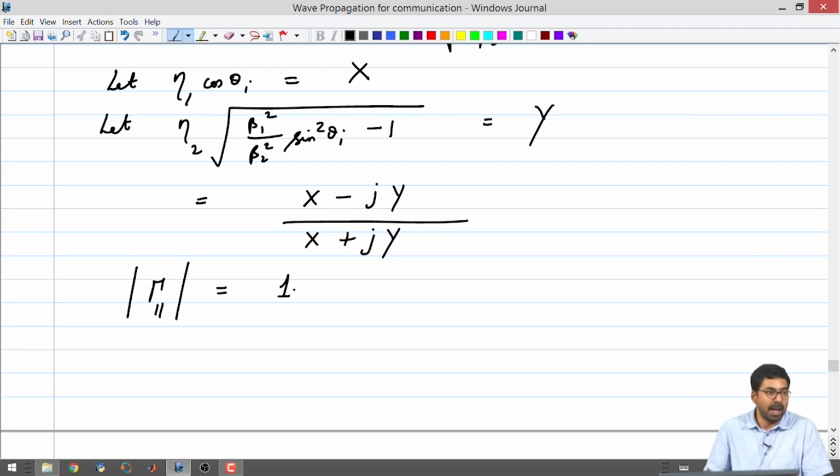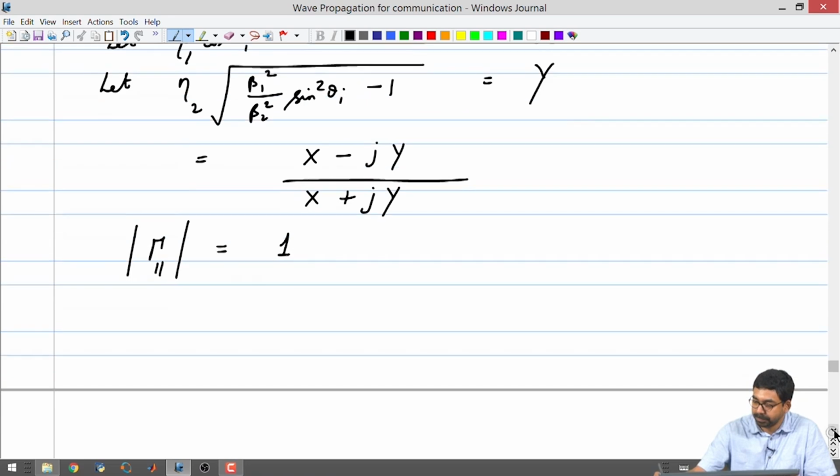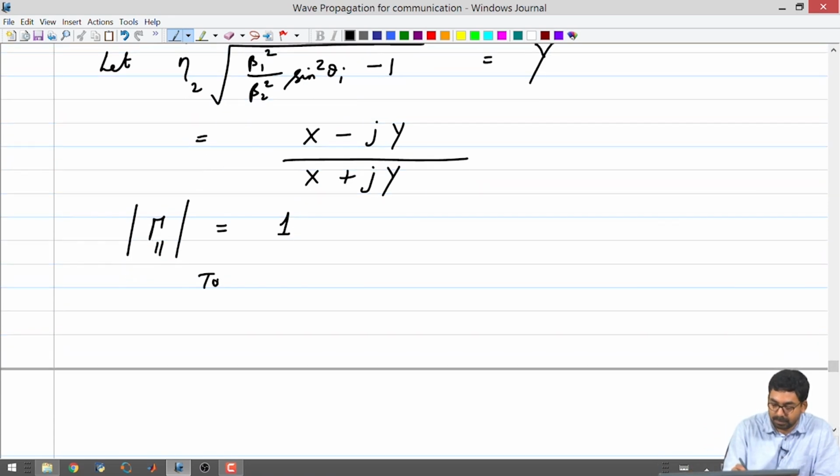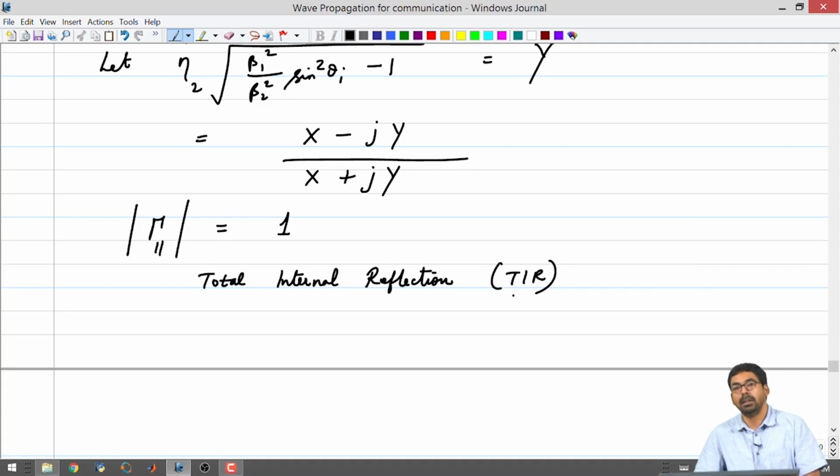The angles at which this happens correspond to a scenario which is known as total internal reflection, in short form TIR.